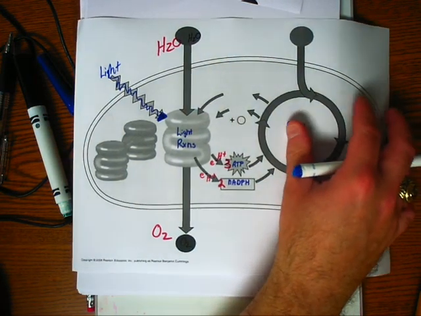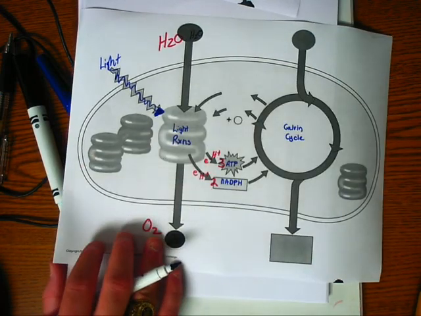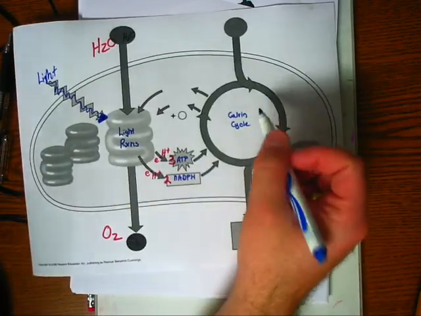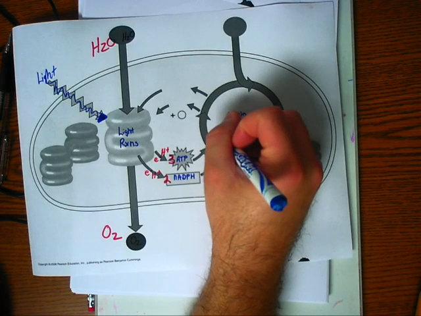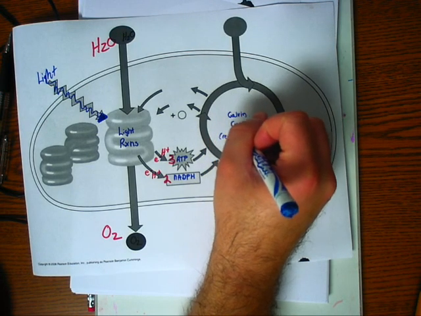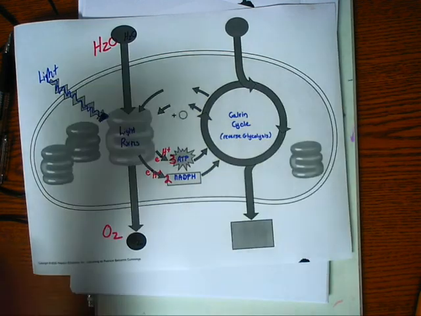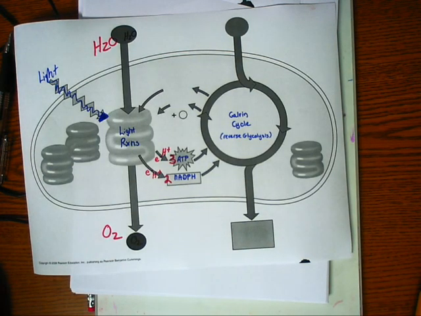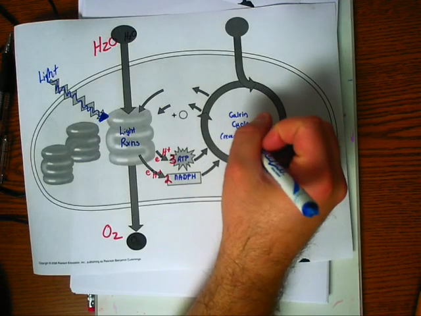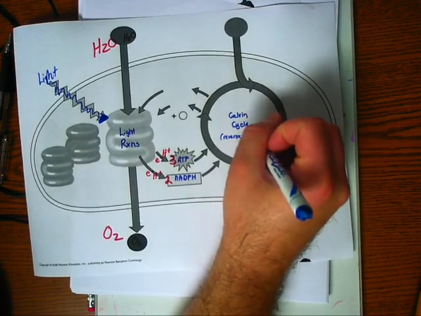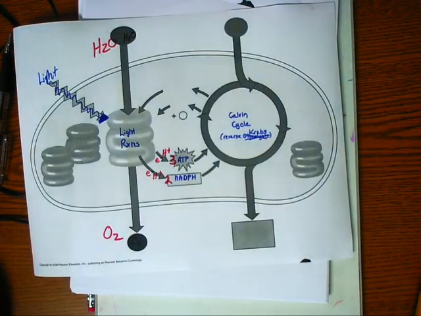Let's come over here to the Calvin cycle, which is the rest of the day essentially. The Calvin cycle is basically a reverse of glycolysis. Actually, more specifically, I think I misspoke. It would be a reverse of the Krebs cycle.